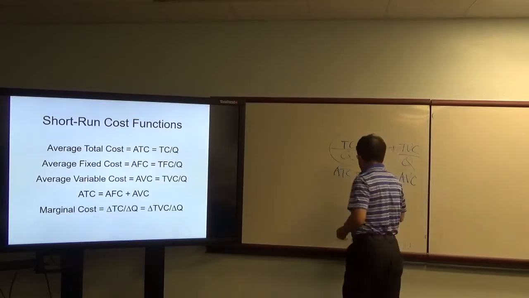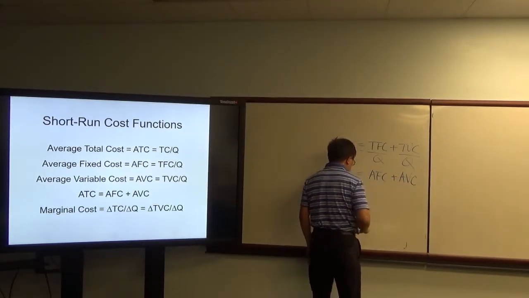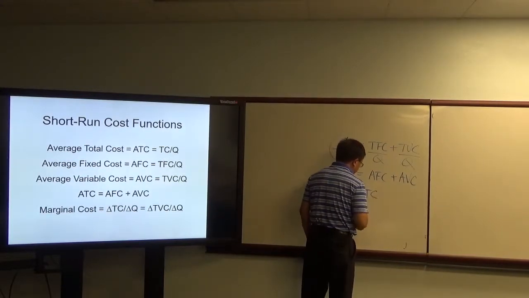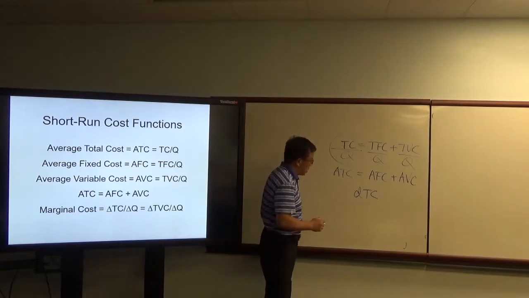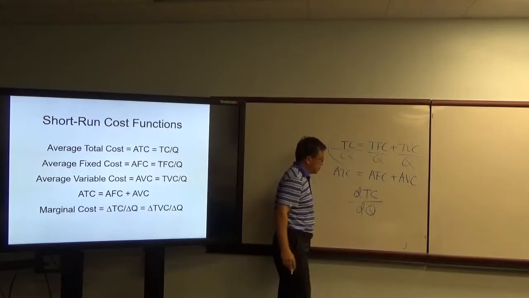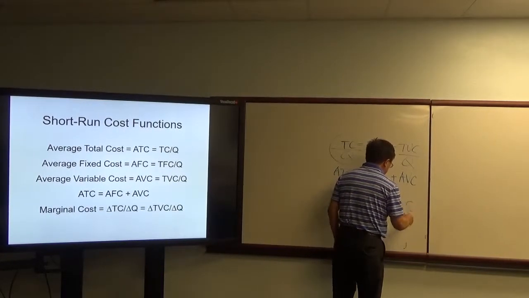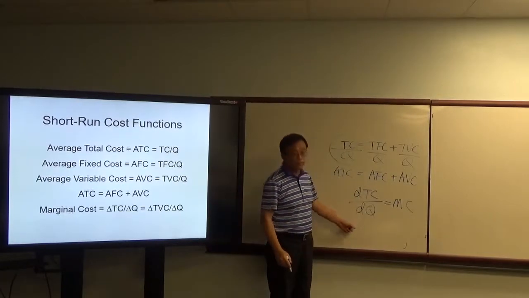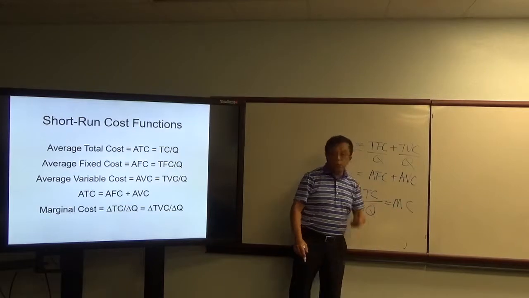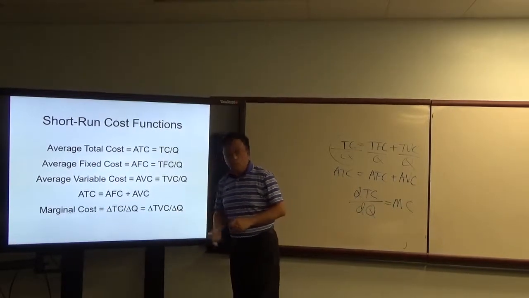Usually, if you take the first derivative of total cost with respect to the output level, this is the marginal cost. Because marginal cost measures the change in total cost versus the change in output.